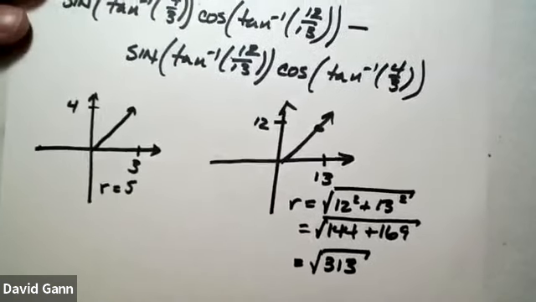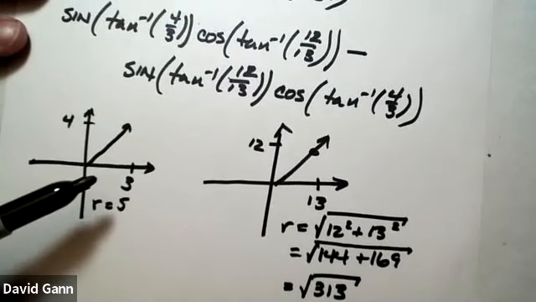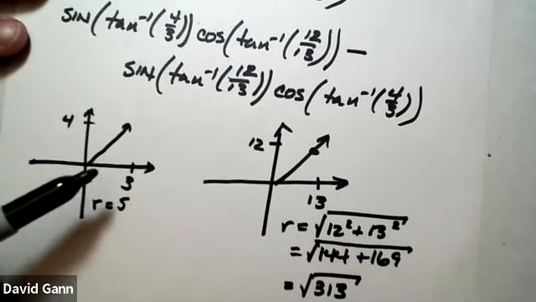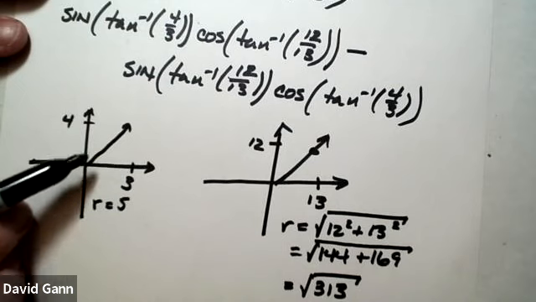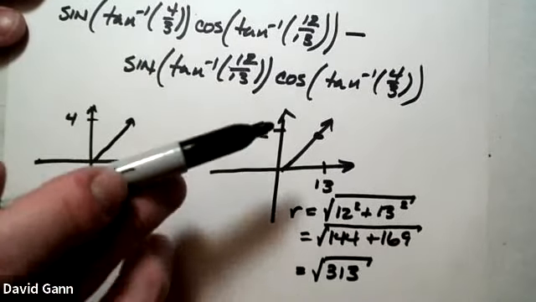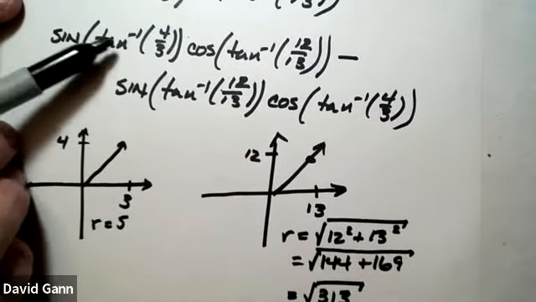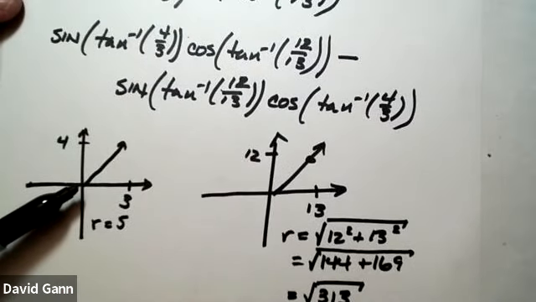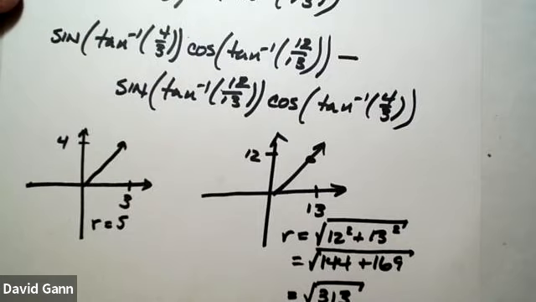Okay, so let's look back at these triangles. We have x, y, and r for this first angle, and here we have x, y, and r for the second angle. So what's the sine of this angle? Well, that's just going to be y over r, right?